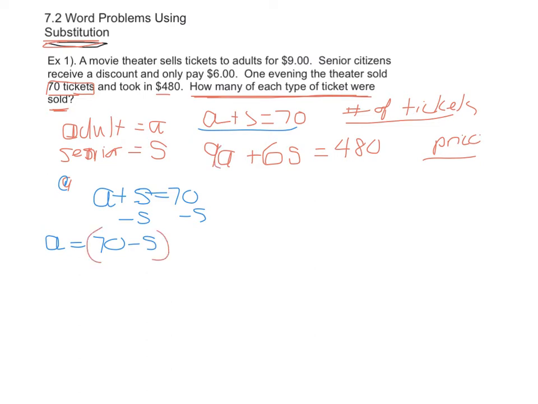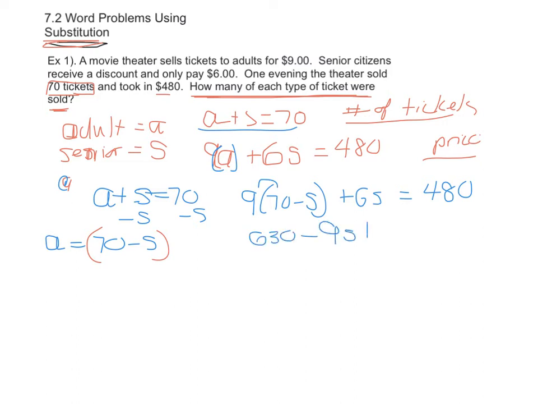So I now know what A equals. I'll go to the other equation, and I'm going to substitute in what A equals right there. So I have 9 times (70 minus S) plus 6S equals 480. I'm going to distribute. 630 minus 9S plus 6S equals 480.